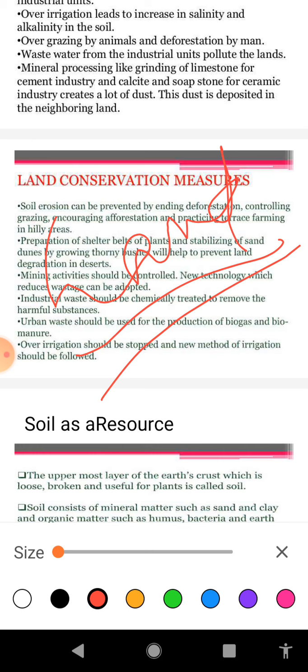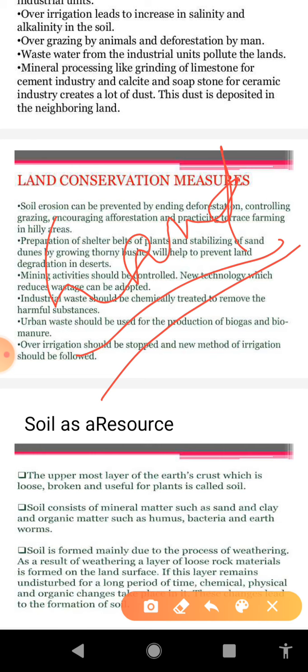Then another question from the same topic, gross sown area, or we can say gross cropped area. It can be explained as area sown more than once in an agricultural year plus the net sown area.